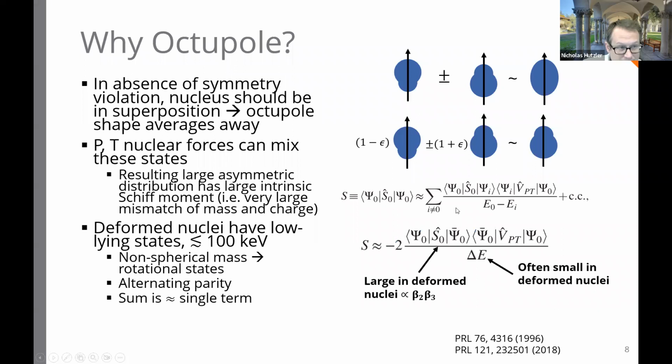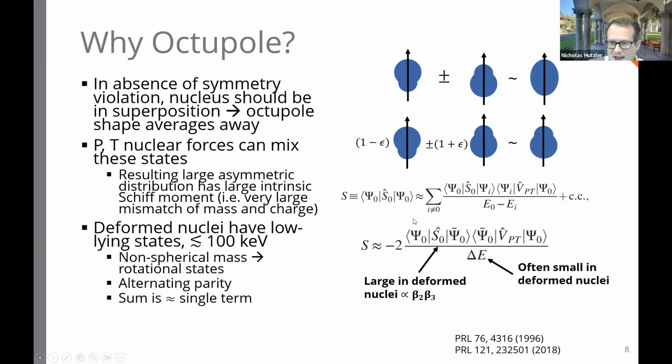But there's another enhancement: in deformed nuclei, the mass distribution looks like a rigid rotor, and it turns out that it is. So the nuclei that have this shape actually have a rotational ladder of nuclear states with opposite parity. And so you get low-lying states of alternating parity, so this sum ends up being just kind of one term, and also large.